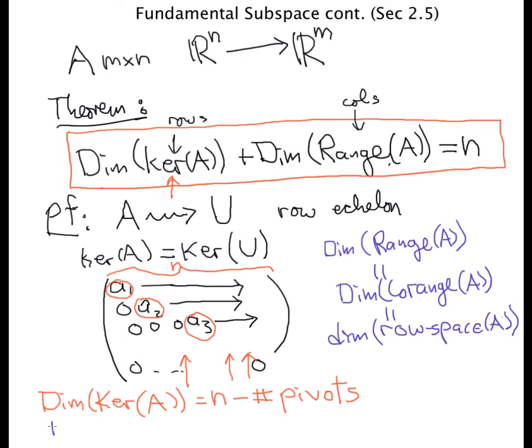And the dimension of the row space of A is what? Well, let's see. The non-zero rows are the ones with pivots, and it's easy to see they're linearly independent. So it's the number of pivots.